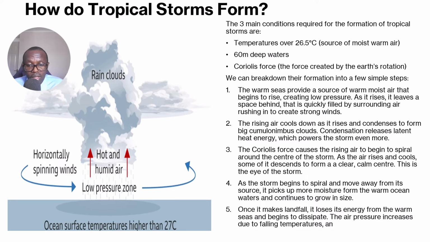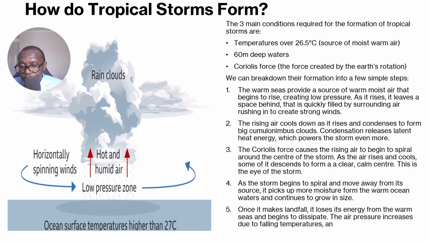That basically means if it's descending, it's creating high pressure in the middle of the storm. This particular part of the storm is referred to as the eye of the storm. It's a center and it's a lot calmer, and that is due to the descending air which has caused high pressure.